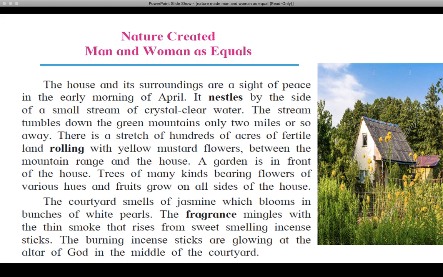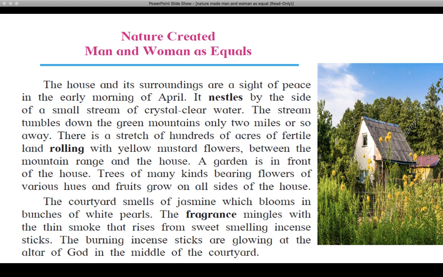The stream tumbles down the green mountains only 2 miles or so away. There is a stretch of hundreds of acres of fertile land rolling with yellow mustard flowers between the mountain ranges and the house. A garden is in front of the house.